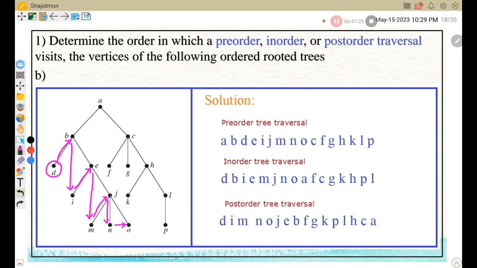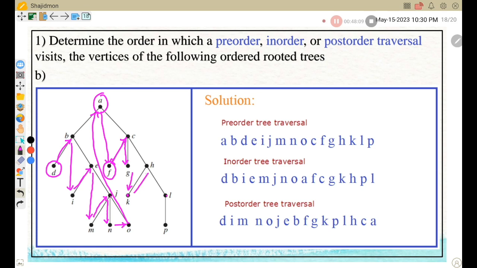So the left subtree part is done now. After the left subtree we need to visit the root vertex, that is A. Now after A we go to the right subtree in in-order, correct? So after A we start with the left part, that is F. After F we go to the root, that is C. Now after C we visit the right part, that is G. After G we cannot go to H because it has children K and L, so we visit the left part first, that is K, correct?